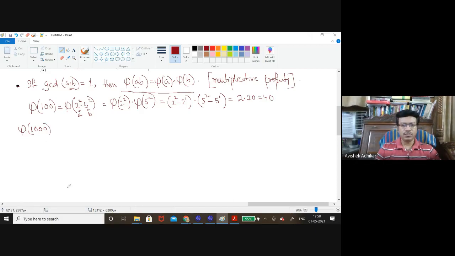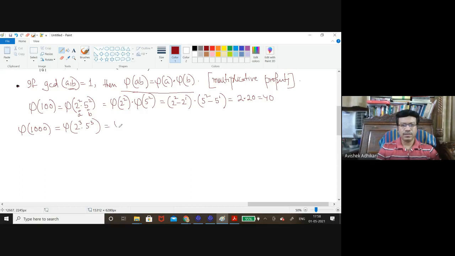You can very easily do that. What should be the value of phi of 1000? Very quickly, somebody, how to do that? So 100 is already there, you only need to multiply with 10. That's why it should be phi of 2 cube into 5 cube. That's all.